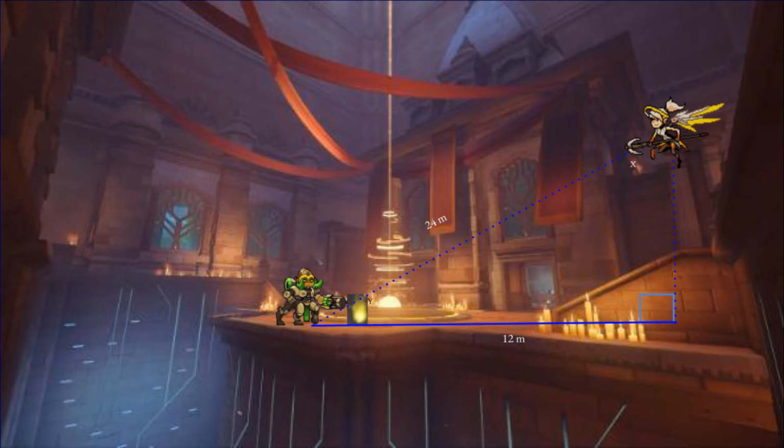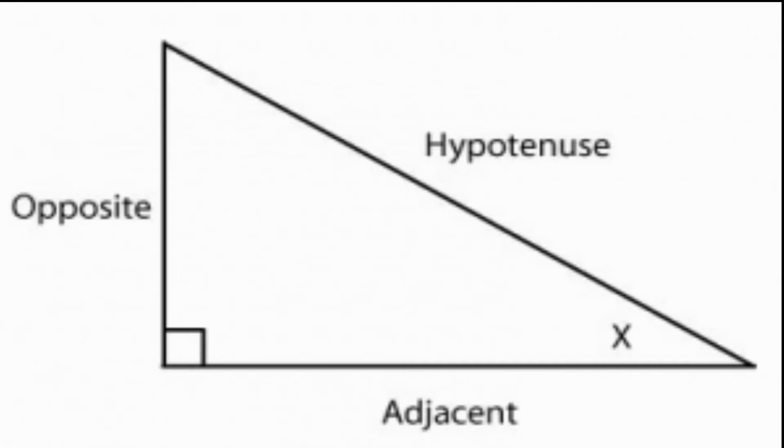The angle of elevation is in the corner to the ground, which means 12 is now the adjacent and 24 is still the hypotenuse, making it AH or CAH in SOHCAHTOA, meaning we are using cosine.